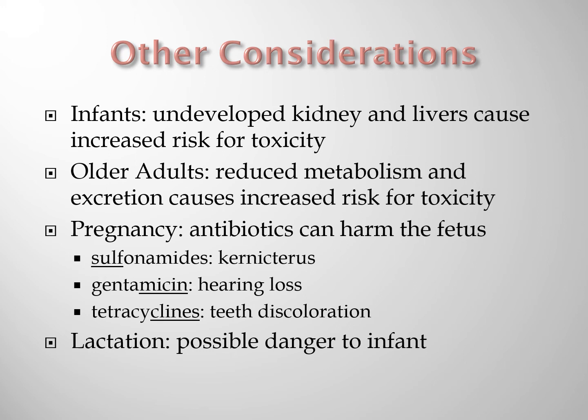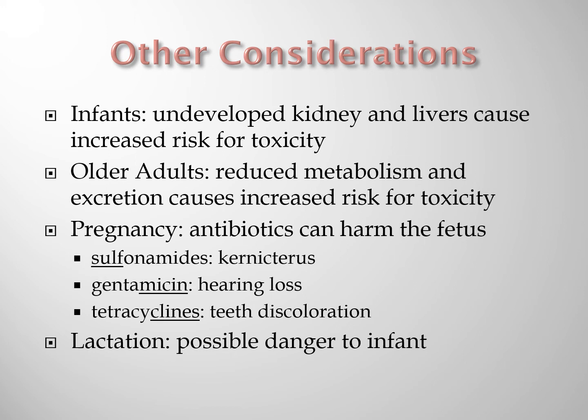Pregnancy and antibiotics: we always need to think about the fetus. And here are some examples of where an antibiotic can lead to certain conditions. So sulfonamides, we haven't spoken about them yet, but they're sulfa antibiotics.